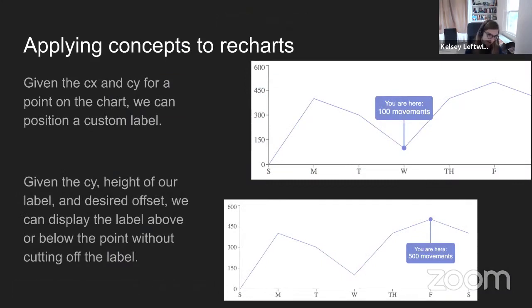So in a different client project, we had a case where we wanted to add a label kind of like this. So it's a rectangle that has some text inside it, has some brand colors that they use, and then it had this line that connected it. And I knew that based on the position of this point, I could lay all of these different components out appropriately. So it would have the look and feel that I wanted.